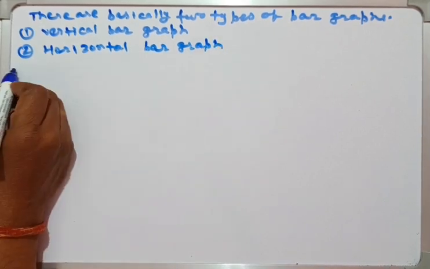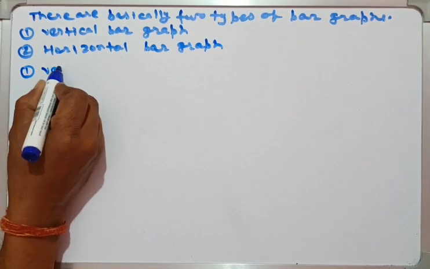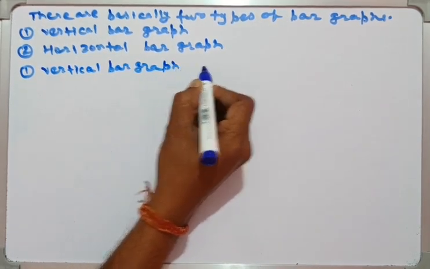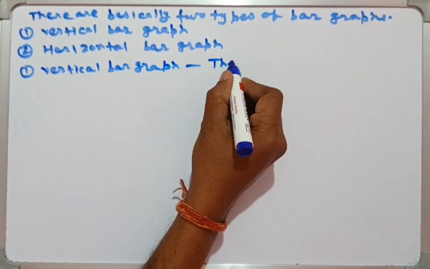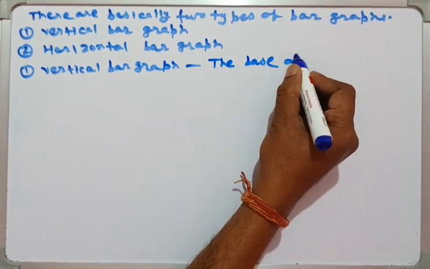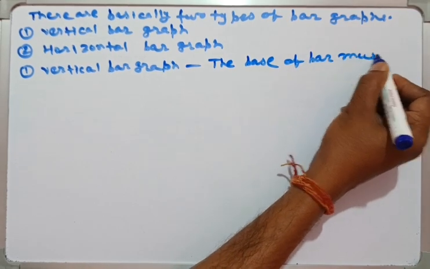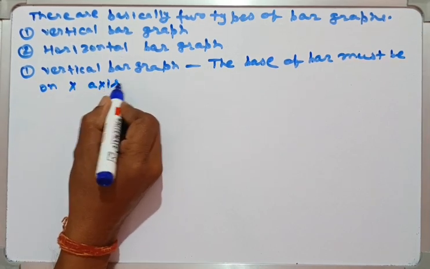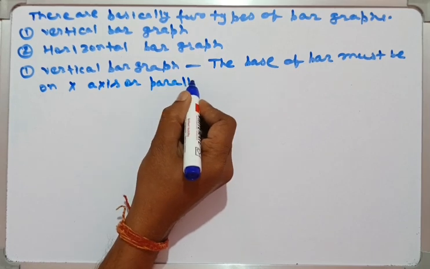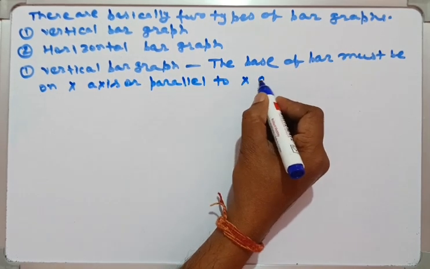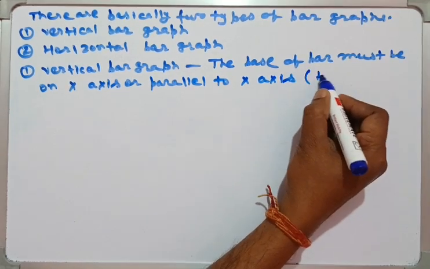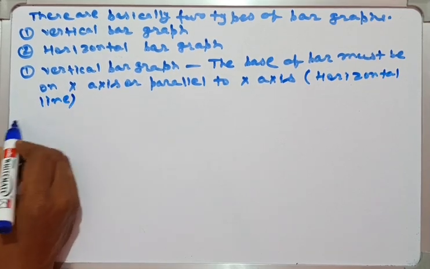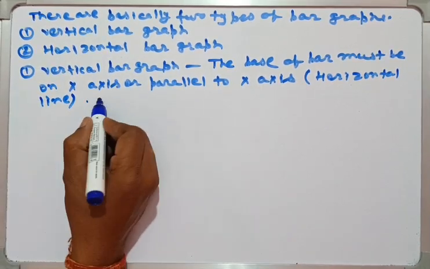Okay guys, the first one, vertical bar graph, in which the base of the bar must be on the x axis or parallel to the x axis, or you can say a horizontal line.